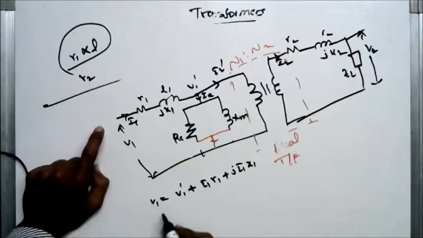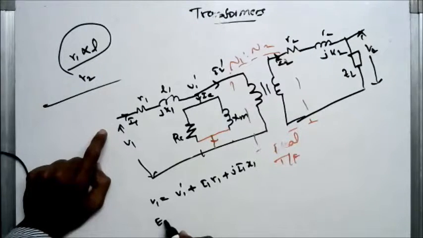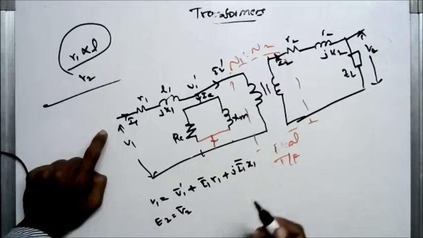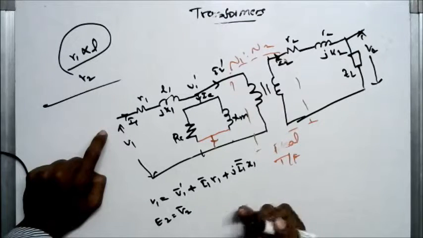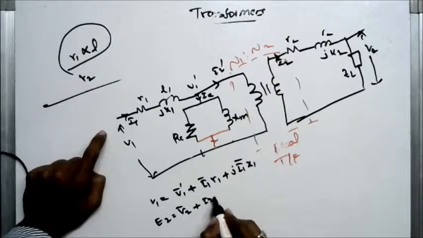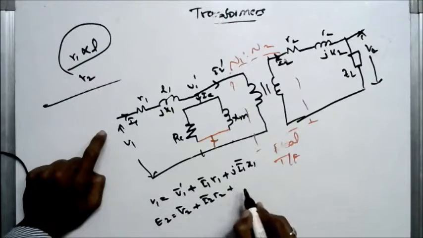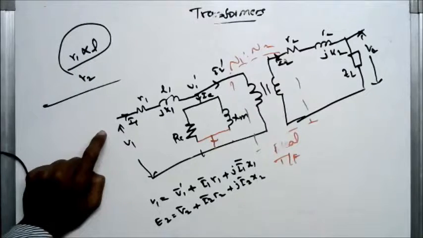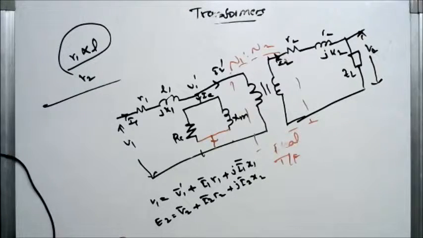Next E2 is equal to V2 plus I2 R2 plus j into I2 X2. These are phasor voltages, so phasor additions apply. These are the equations. From these equations we will draw the phasor diagrams.